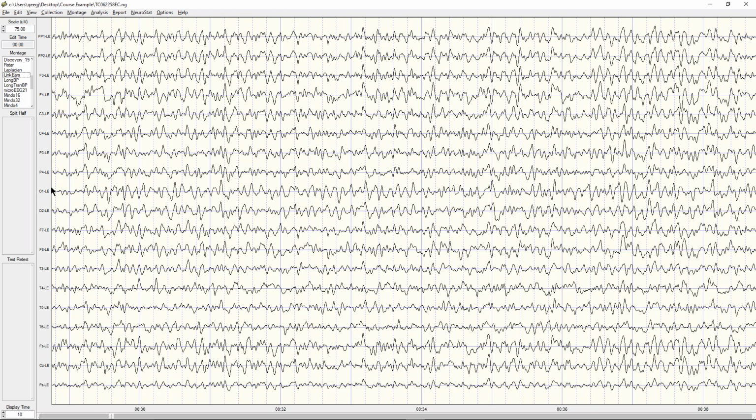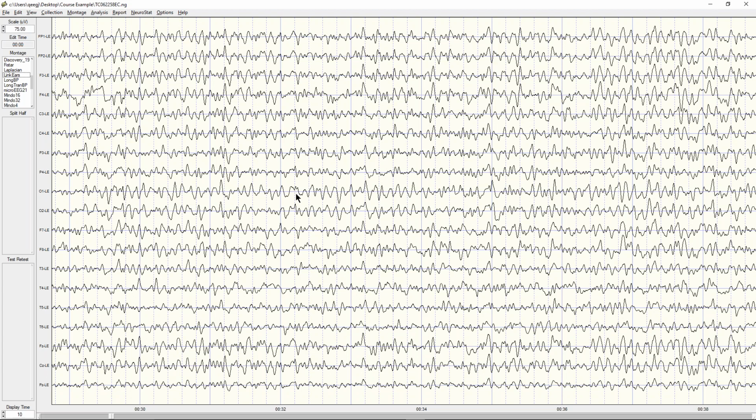If I look at O1 and O2 along the left-hand column, I have my list of sensor locations, and they're all linked or referenced to the linked ears. So I see my occipital sensors where I should be seeing my alpha rhythm, and I can begin to look to see if I have a typical alpha rhythm.